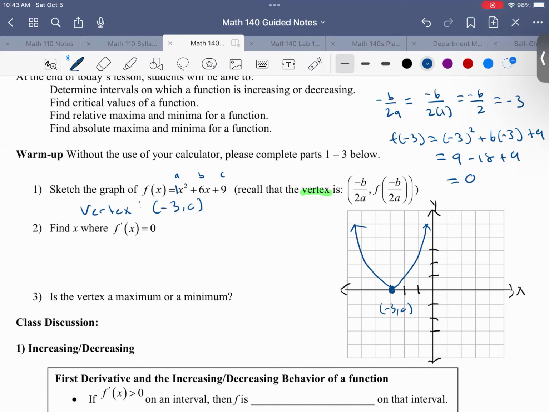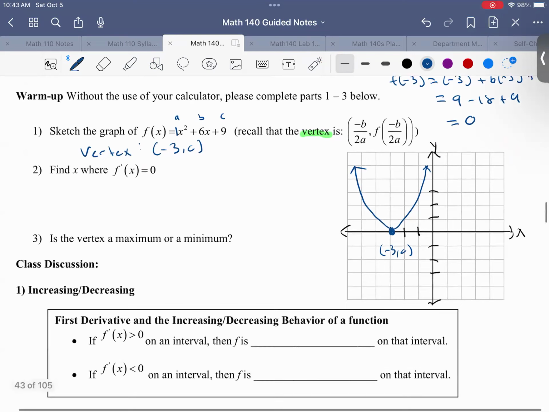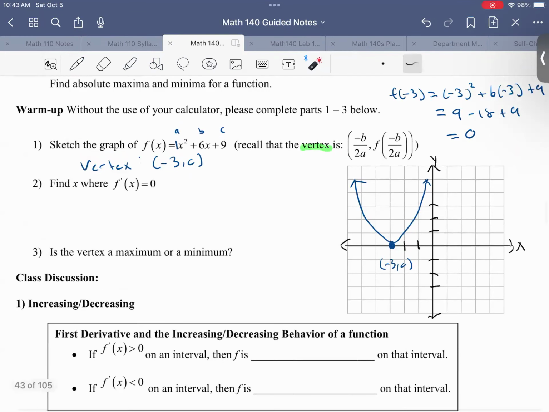All we need to do is find the vertex. So let's go ahead and check out number 2. Find x where the derivative equals 0. What it means by this is I need to find the derivative, set it equal to 0, and then solve for x. So f of x equals x squared plus 6x plus 9, and I need to take the derivative of that.